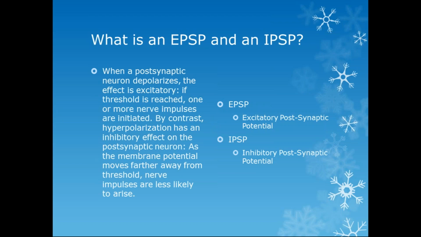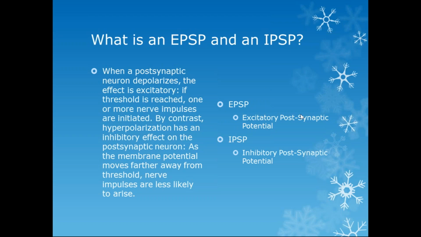When a postsynaptic neuron depolarizes, the effect is excitatory. If threshold is reached, one or more nerve impulses are initiated. By contrast, hyperpolarization has an inhibitory effect on the postsynaptic neuron. As the membrane potential moves further away from threshold, nerve impulses are less likely to arise.